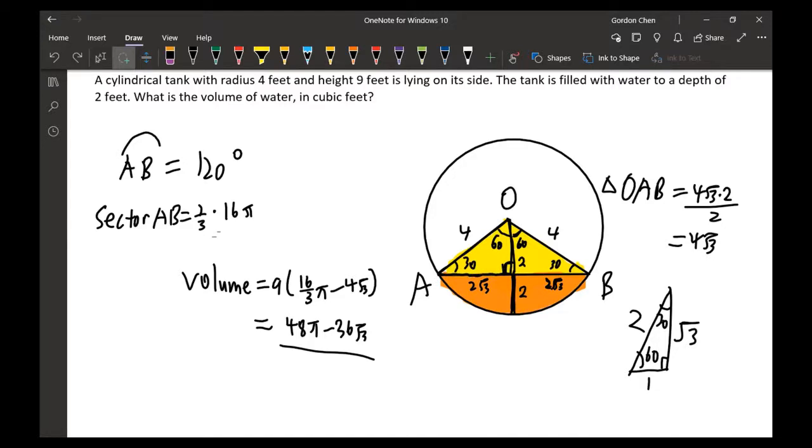So we have the volume of the entire water is the sector that we have minus the triangle, which is this part. And then we multiply that by the height of the cylinder, because this is 3D, not 2D. And so we multiply that, and we have that the answer is 48 pi minus 36 root 3.